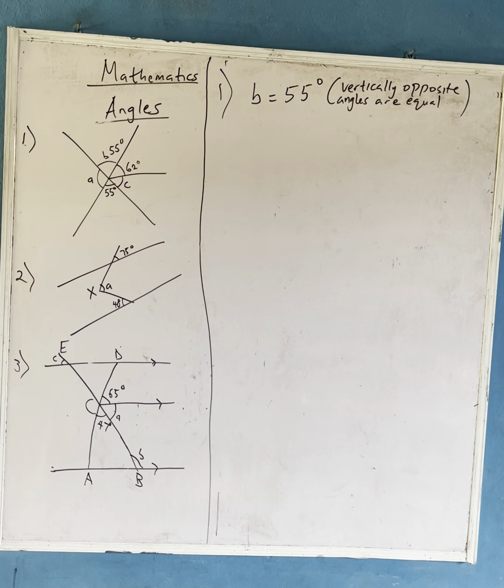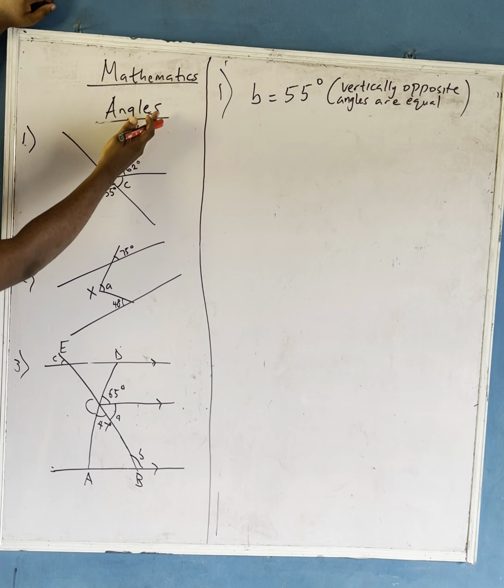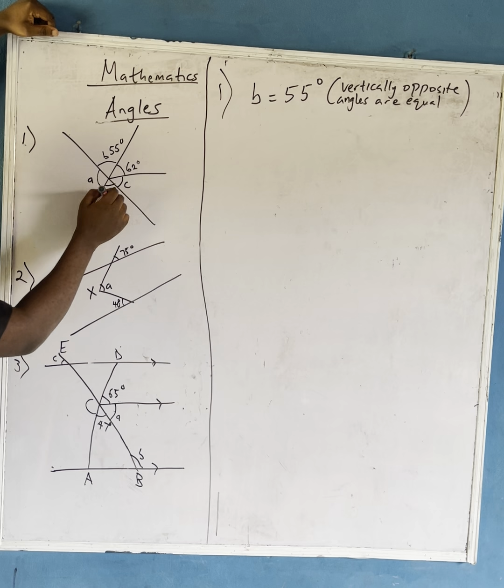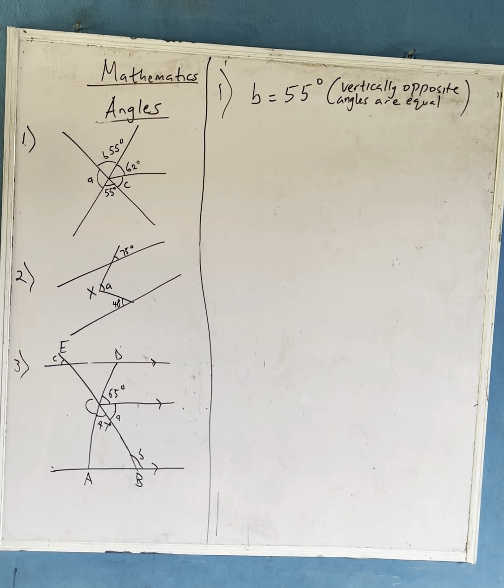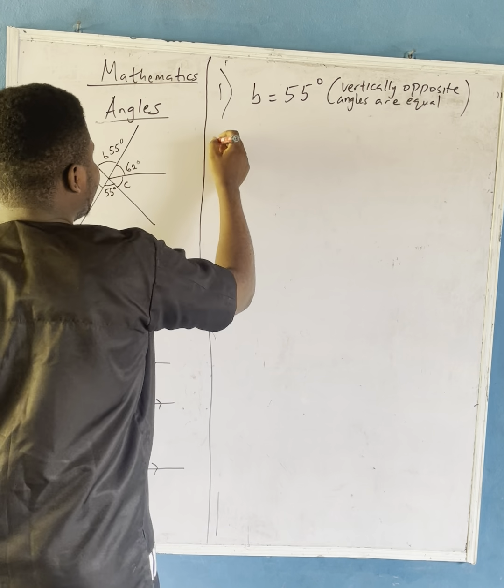So now let us look for C, angle C. If you look at this line here, you see that this and this are on a straight line. Something you should know about the angle on a straight line is that it is equal to 180 degree.